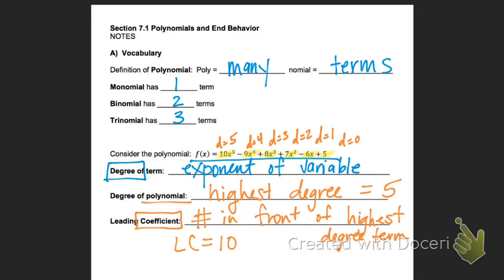So here's what I want you to do next, and you can work on this with a partner or by yourself. You are going to go to the chart, and we're going to actually discover or fill in what we think the end behavior is, and then we'll come back and talk about it. What do you mean by end? So I want you to go to your chart, and I want everybody to put in the first polynomial.